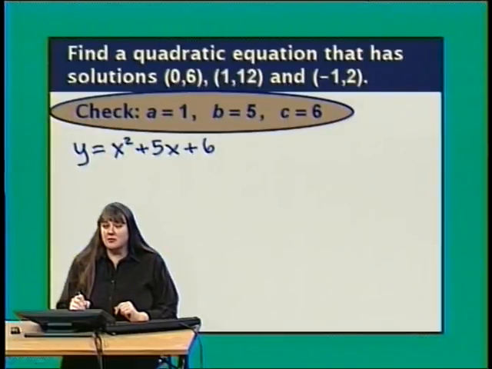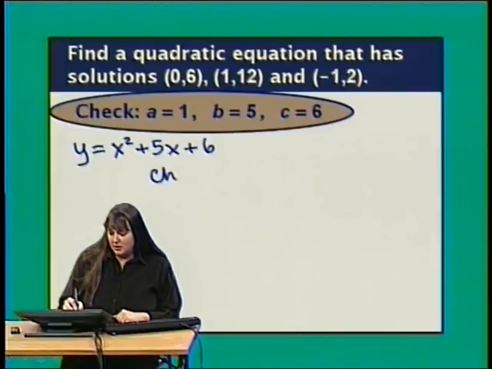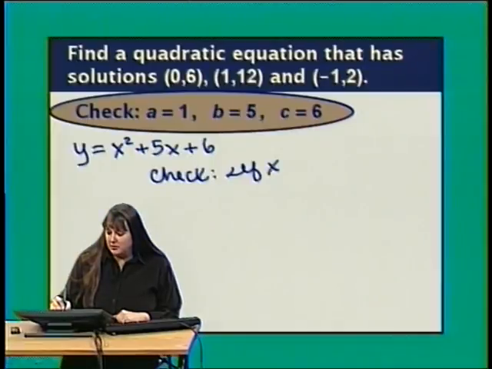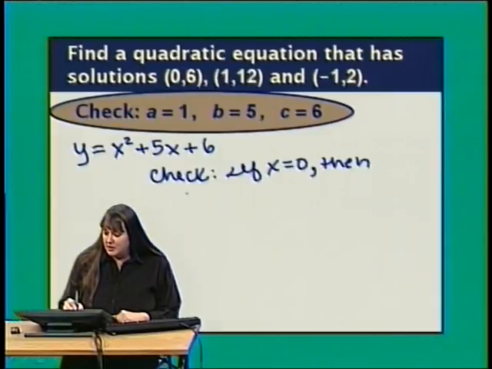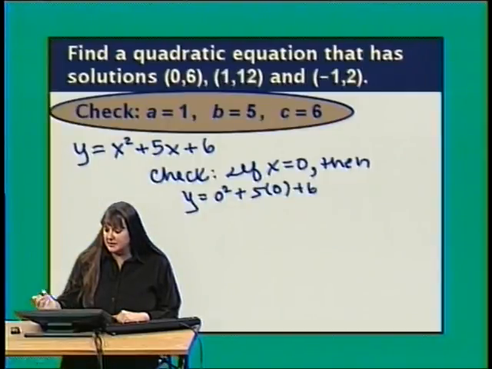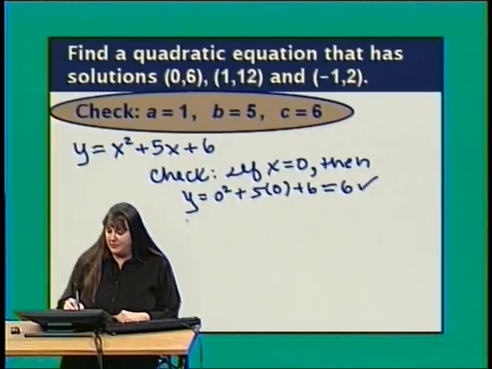But I want to make sure that those 3 solutions actually satisfy this equation. So first, let's check if x equals 0. Well, if x is 0, then we want y to be 6, since we have the ordered pair (0, 6). So if x is 0, y is 0 squared plus 5 times 0 plus 6, which is indeed 6, so that checks.